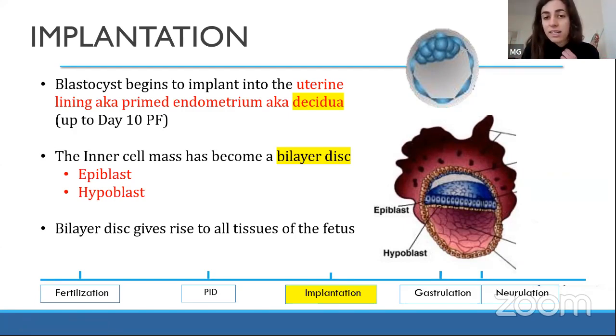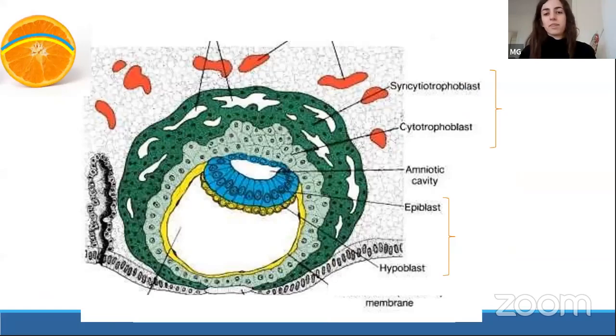And here inside, the inner cell mass has become the epiblast and the hypoblast. Okay, bigger zoom. These are the cells that look like an invasive wave. They're called syncytiotrophoblasts, and the cytotrophoblasts are the ones that remain looking like cells. The syncytiotrophoblasts fuse and they become a big invasive wave of trophoblasts.